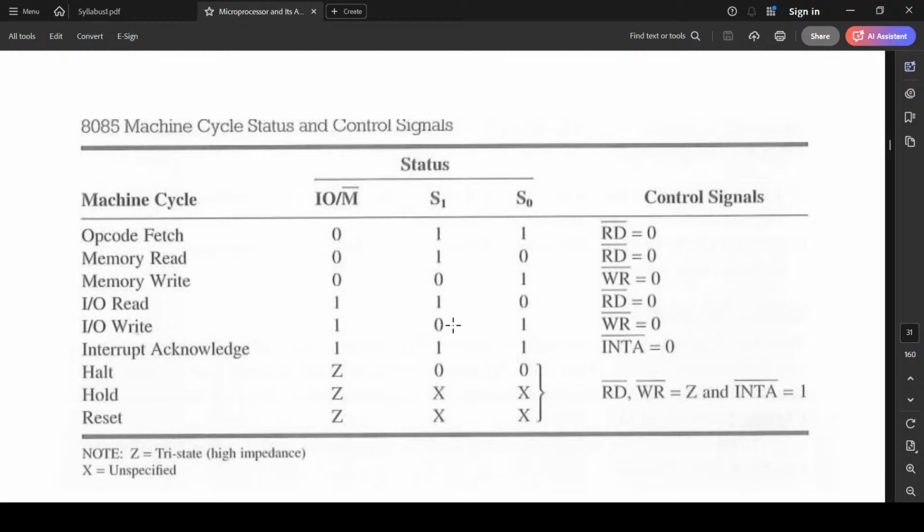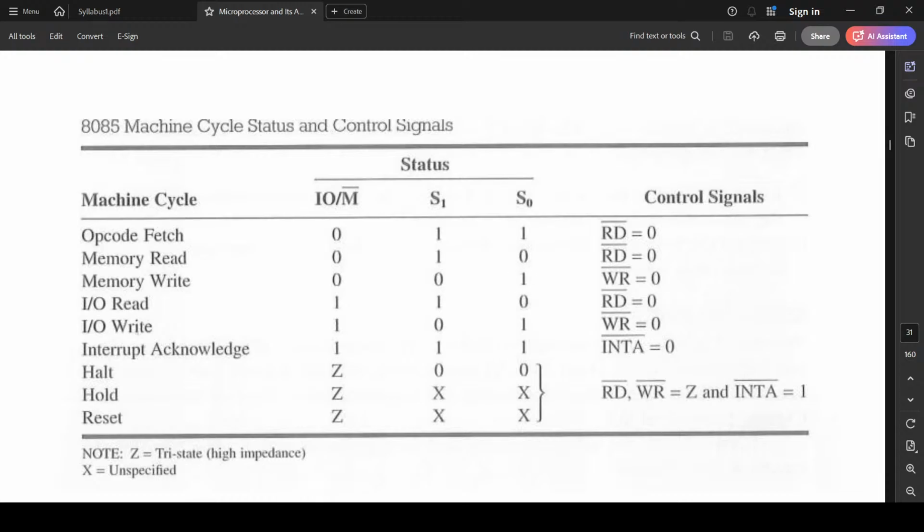Write is one, and one of the status is zero, so it is zero. Interrupt acknowledge is 1, 1, 1, so INTA is zero. Halt is tri-state, high impedance. Hold and reset are tri-state. Then zero, unspecified.